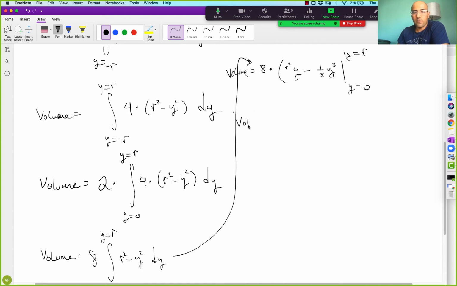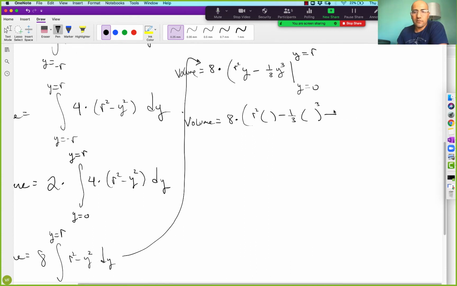So the volume is going to be equal to 8 times r squared times r minus 1/3 times r cubed, minus, and then the other ones are going to disappear anyway, but just to make sure people are following, I'll put r squared times something minus 1/3 times something cubed, and all of that gets multiplied by that 8.